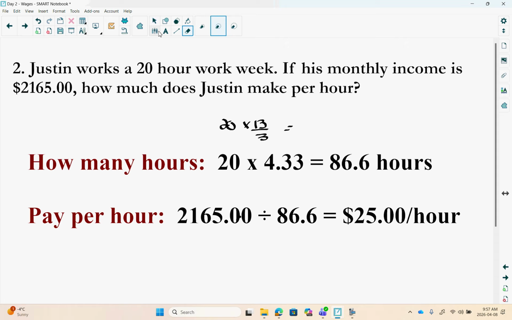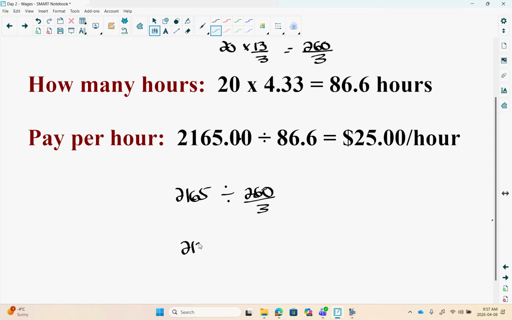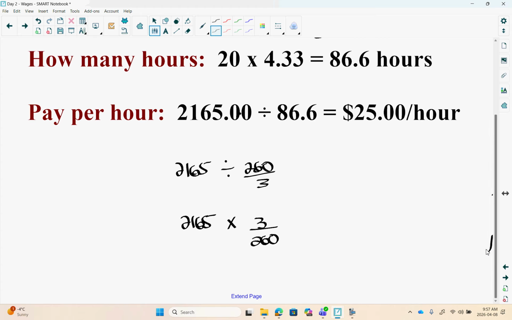If you wanted to call this 260 over 3, remember 2165 divided by 260 over 3 would be the same as 2165. You keep the 2165, you change, you flip. Okay? And that would give you 2165 times 3, 6,495.